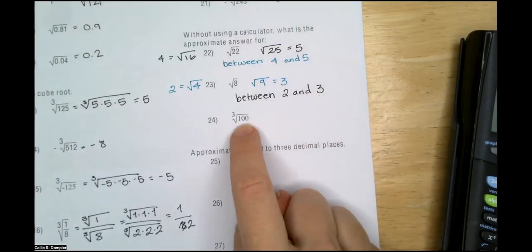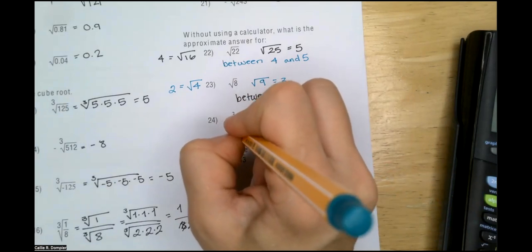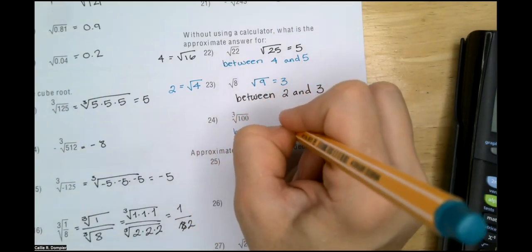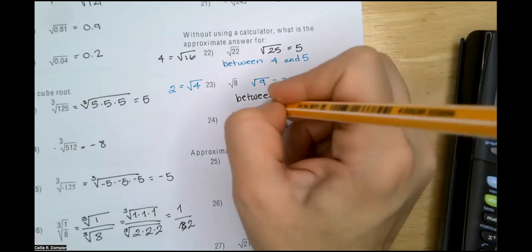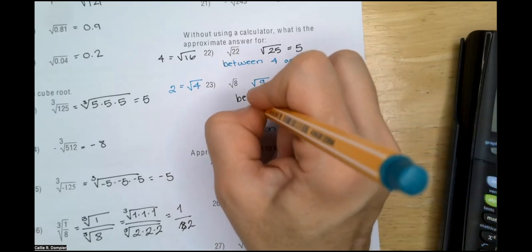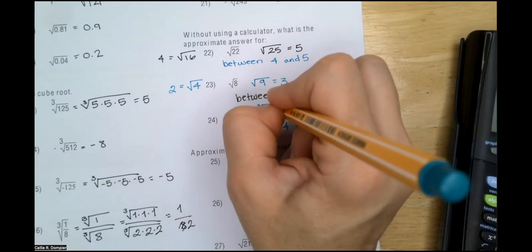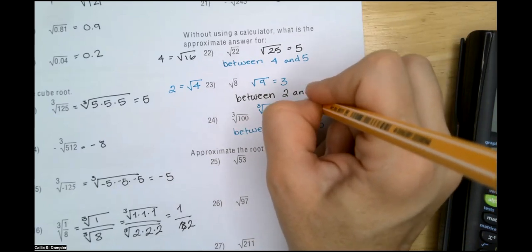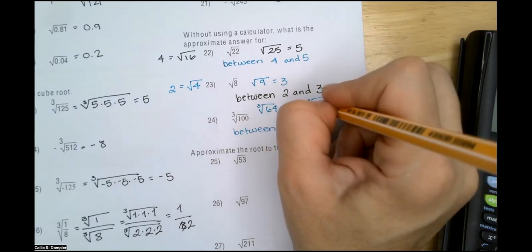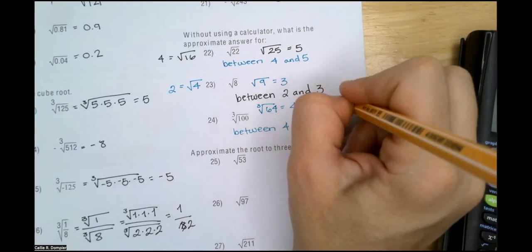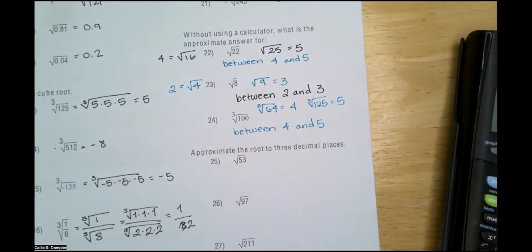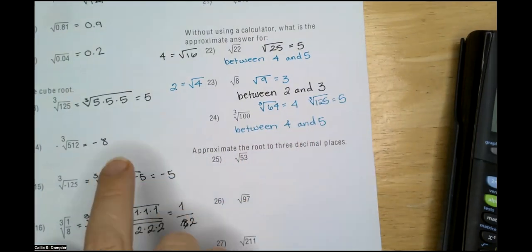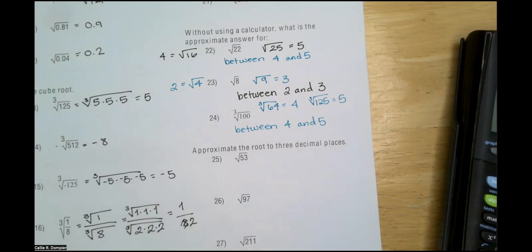So the cubed root of 100 is between 4 and 5 because the cubed root of 64 is 4 and the cubed root of 125 is 5 and 100 is between 64 and 125. So it's not a perfect answer. It's not a perfect square. It's not a perfect cube.